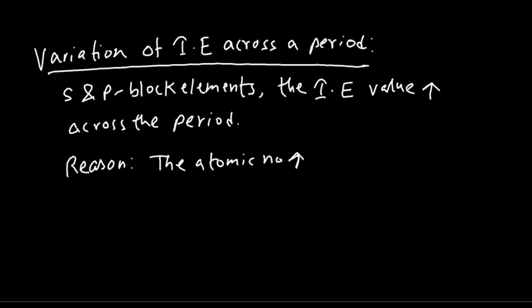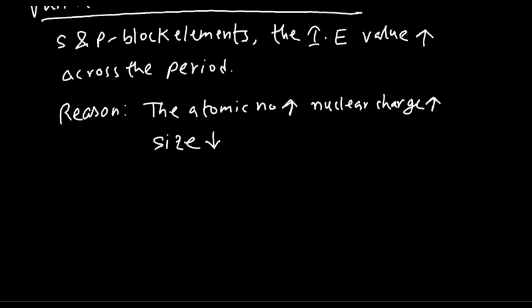That means nuclear charge increases, and we have already seen that size will decrease. So the valence shell electrons are more and more tightly held by the nucleus, and they will have very strong attraction towards the nucleus.